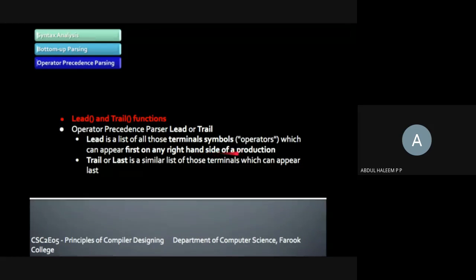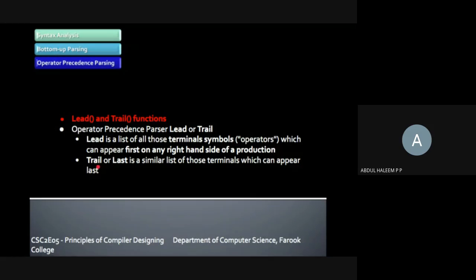The right-hand side of a production is also called the body of a production. So, lead is the set of terminals that appear immediately after the first symbol on the right side of a production. There are certain rules for calculating lead.